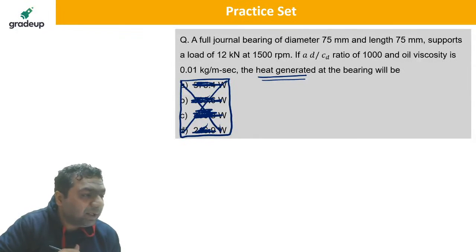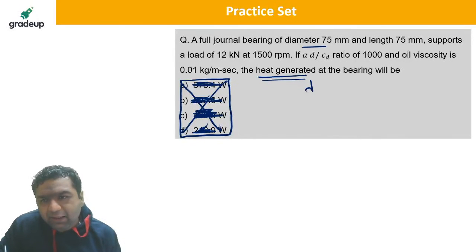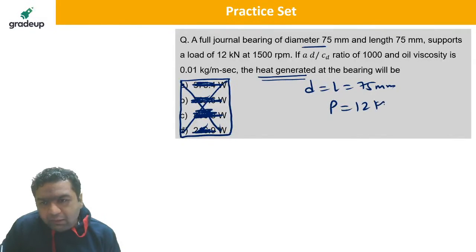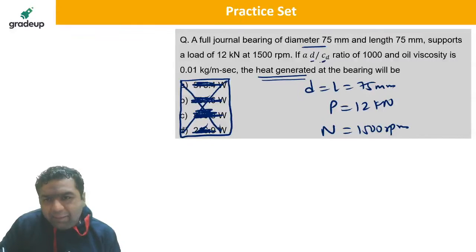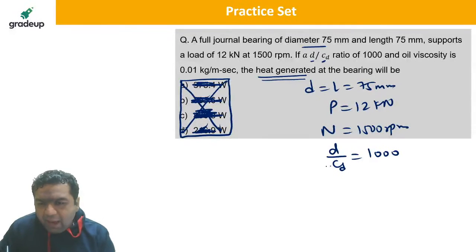Shivam, Abhinandan, Mohit. A full journal bearing with diameter and length equal to 75 mm. Load of 12 kilonewton. Speed of 1500 rpm. This is diameter clearance. D by CD ratio is 1000. CD is diameter clearance.